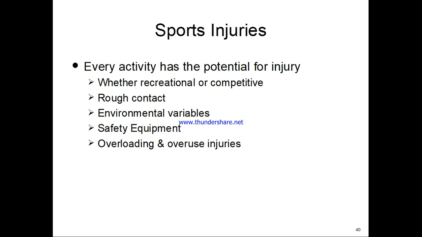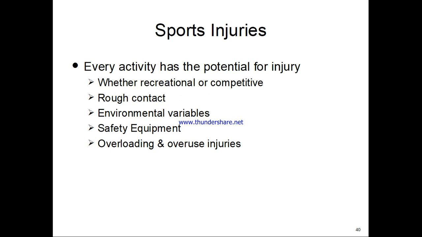Sports injuries. So all activities have the potential for injury, whether they're recreational or competitive. And some sports involve more rough contact than others, and that's why we call them contact sports, i.e. tackle football, as opposed to non-contact sports like competitive swimming.